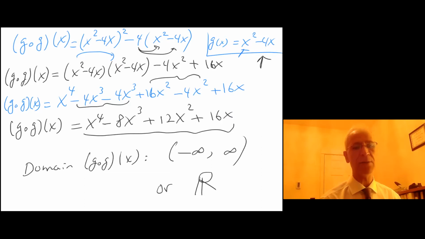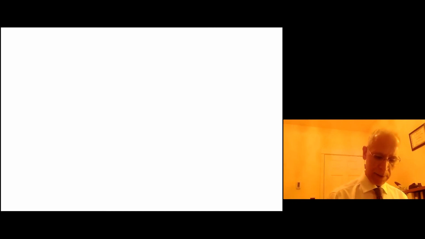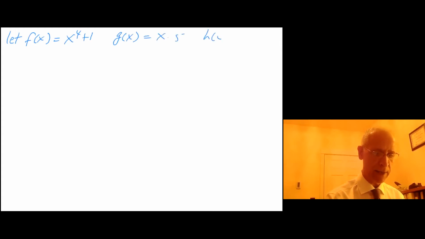Go to the next page, something where I would have f of x, g of x, and h of x. So let's see, for this example, let f of x equals, say, x to the fourth plus 1, g of x equals x minus 5, and h of x equals square root of x. So notice that for f of x, there's no restriction.